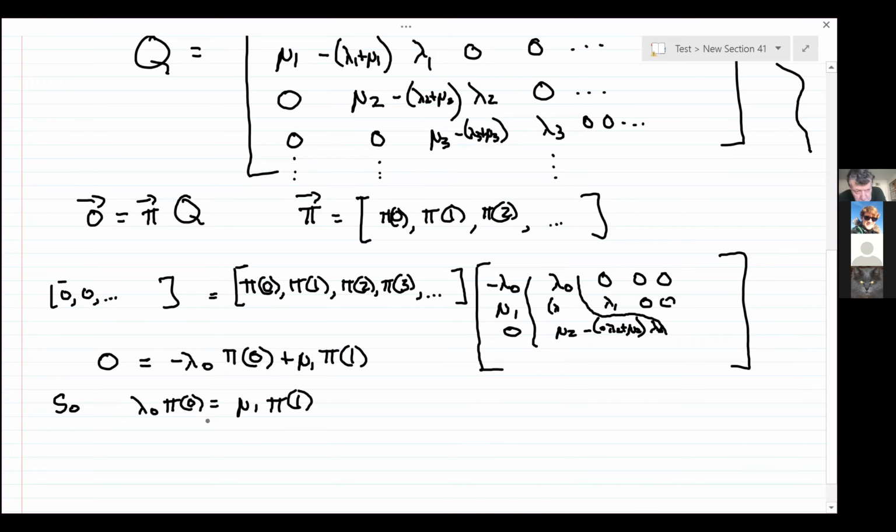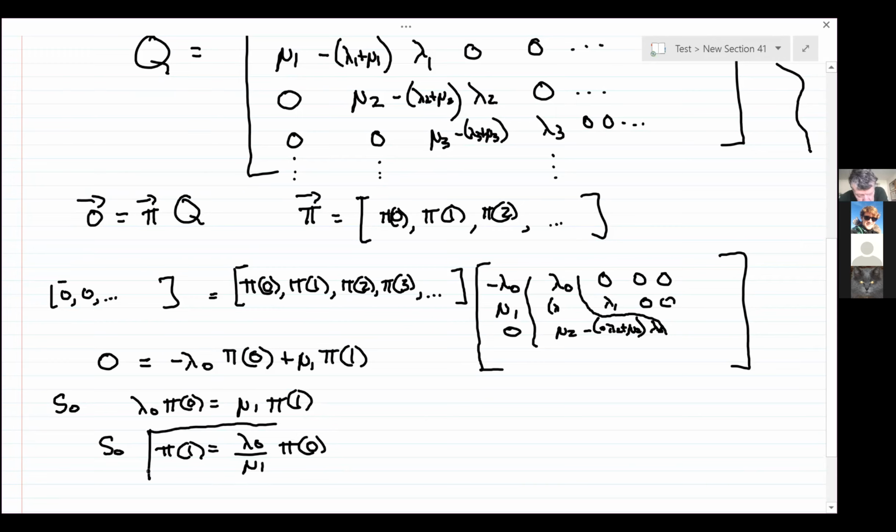And then we can just divide by mu1. Remember the lambdas and mu's are all positive numbers, so there are no zeros there. So what do we get? We have pi 1 is lambda 0 over mu1 times pi 0.